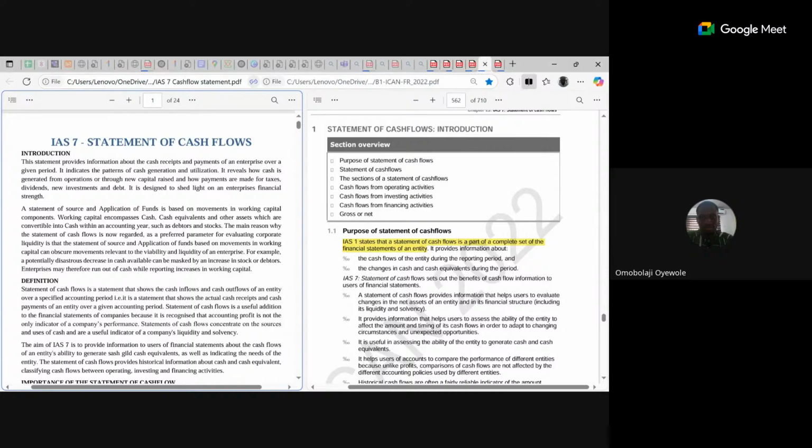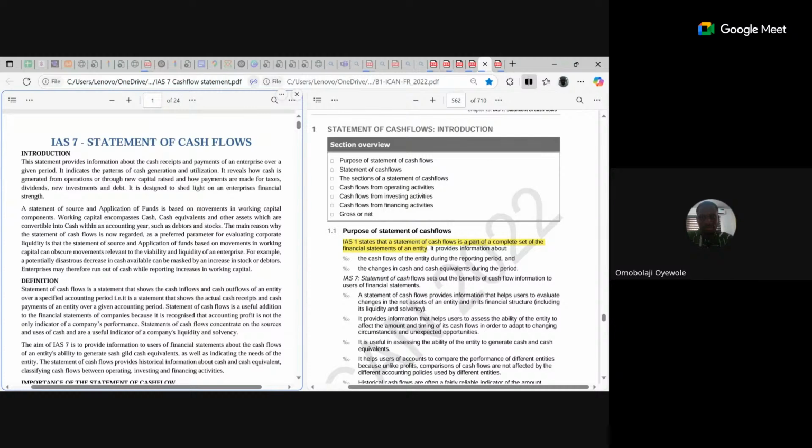So IAS 7, cash flow statement. Let's take it from the presentation of a financial statement.